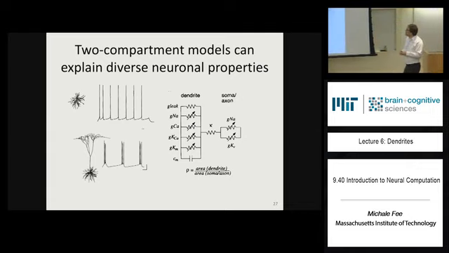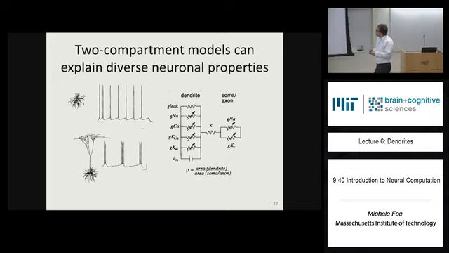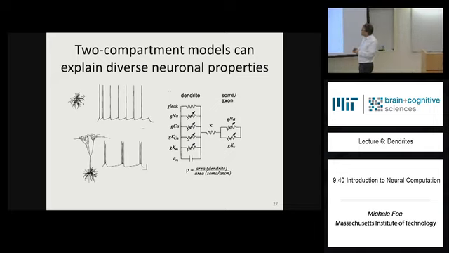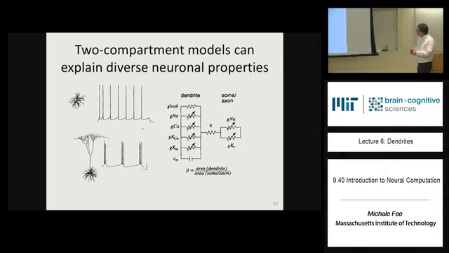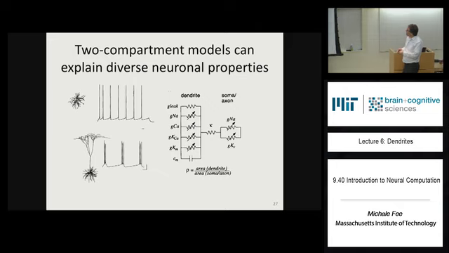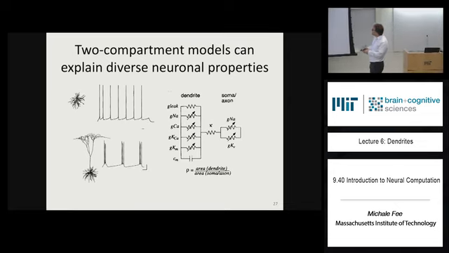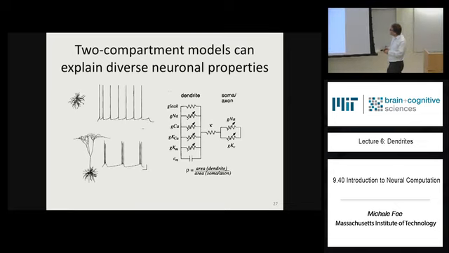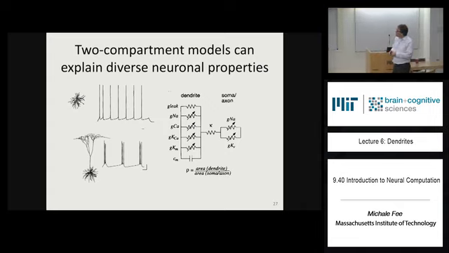So you can take, for example, a simple model of a layer 2/3 pyramidal cell that has a simple compact dendrite. You can write down a model like this where you have different conductances in the dendrite. You have Hodgkin-Huxley conductances in the soma. You connect them through this resistor. And now basically what you can do is you can model that spiking behavior.